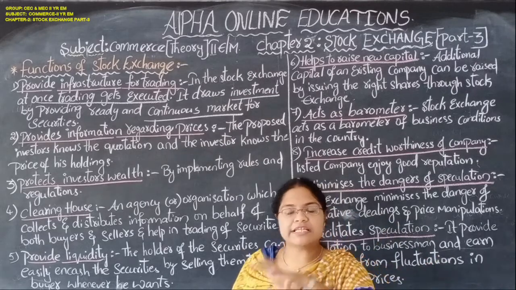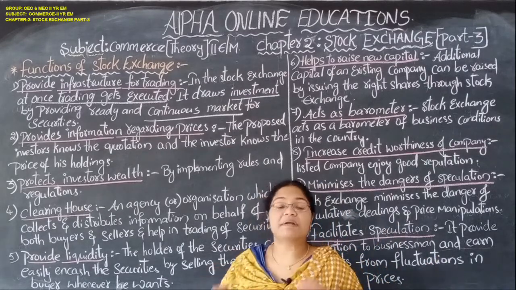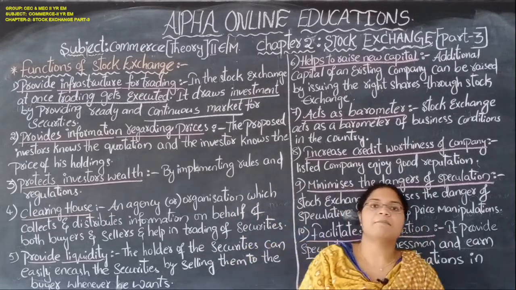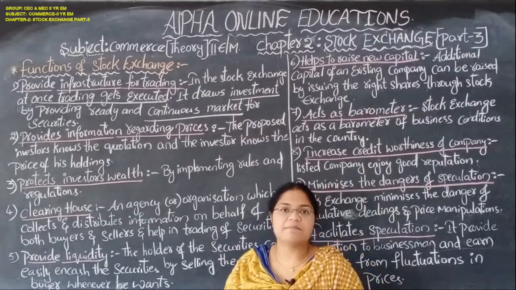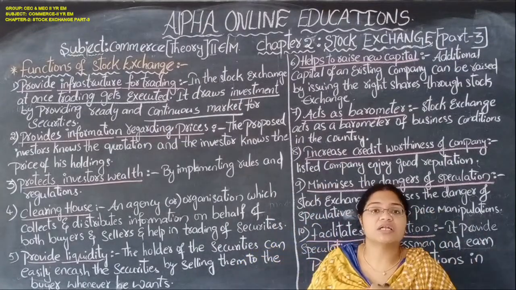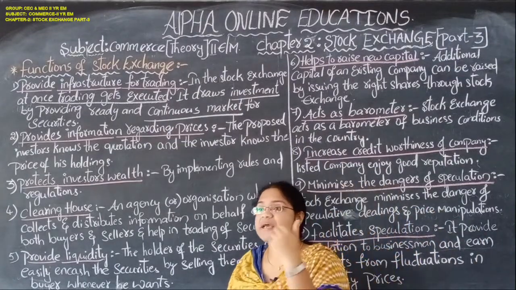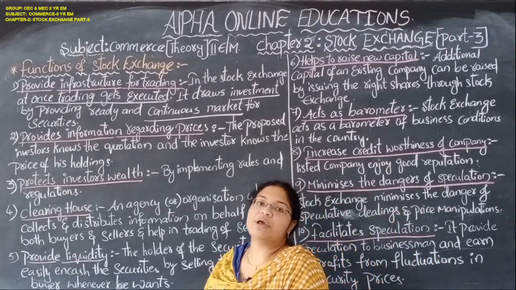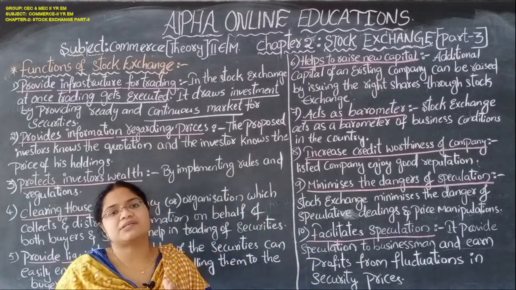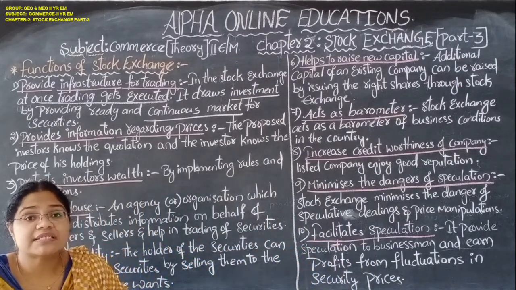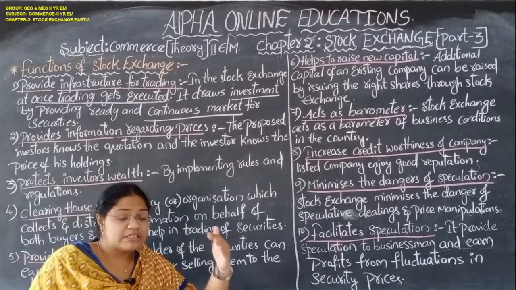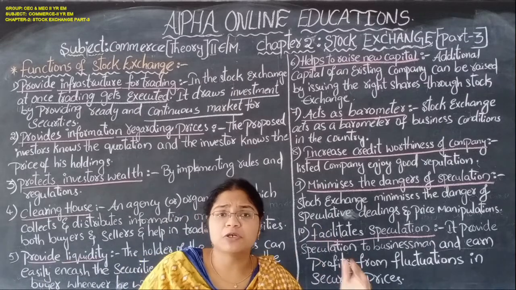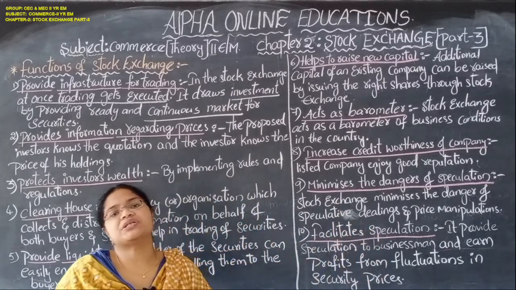The stock market will display the price of each and every security of each and every company: the price of Reliance securities, the price of Tata securities, the price of DMAT company securities. It provides information about each company's securities, so that investors can take one step forward to invest in those companies which have a good name and good reputation in society.